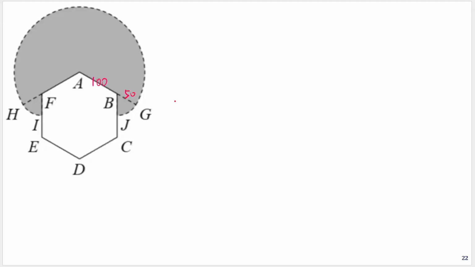When the burro moves beyond G towards C, then there's only 50 feet of rope for the burro to use. And once the burro moves past G, the region it can reach is just the sector JBG, this small sector here, right? We have the same situation on the other side, so they are symmetrical on both sides, leading to sector HFI.